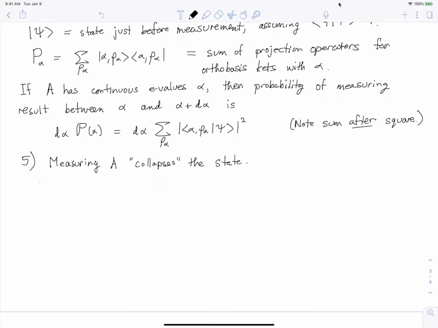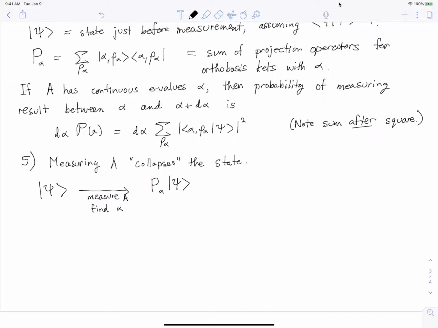I start with a state psi, I do this process of measuring A, and let's say I got the result alpha. Then the state after the measurement is this projection operator, or sum of projection operators, P sub alpha, acting on psi.